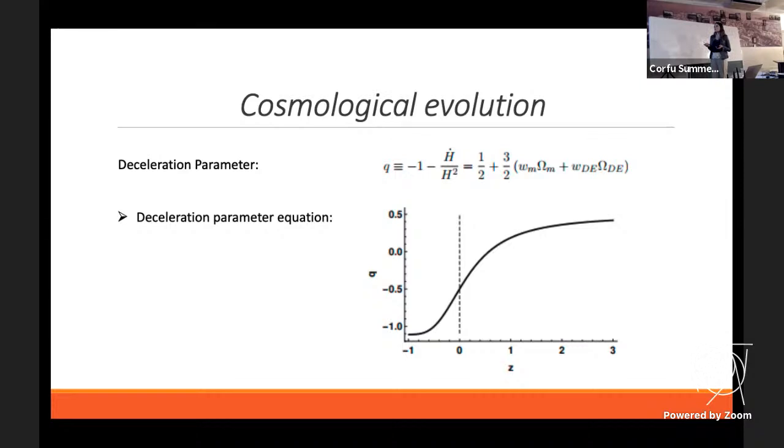And it's very interesting because it shows that the transition point between deceleration and acceleration is estimated at about 0.6, which is according to observational data.